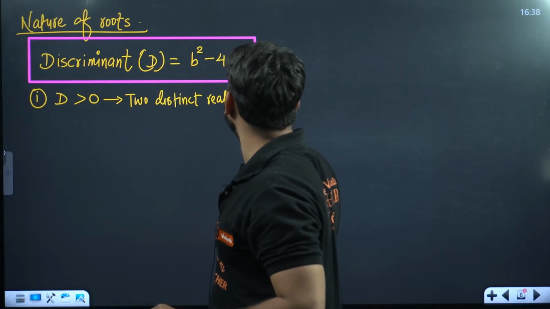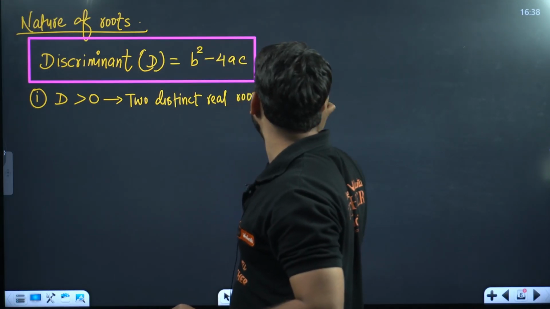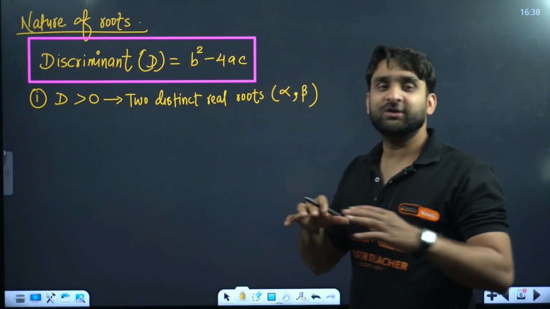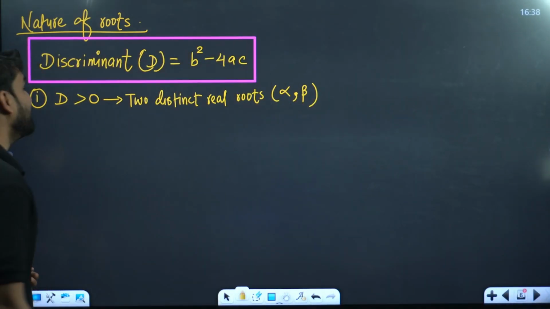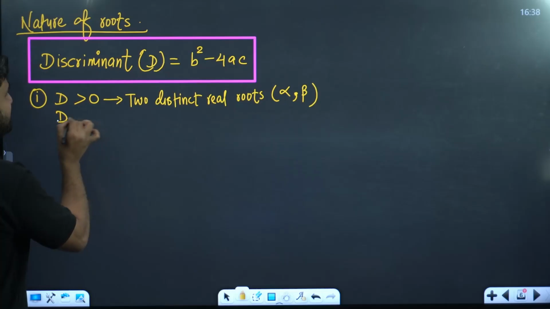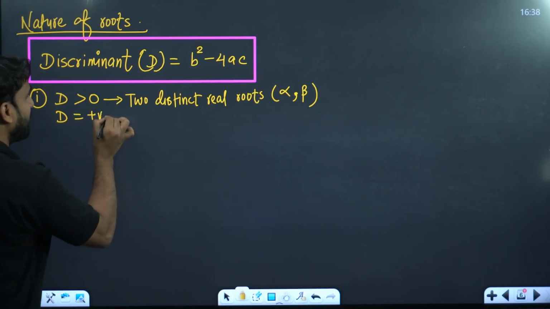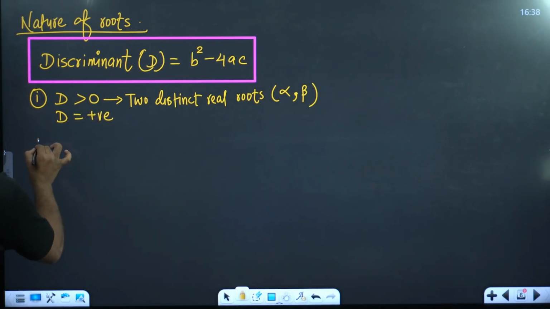Means both the roots will be different from each other, alpha and beta. Two distinct real roots will be there if D is greater than 0, meaning D is positive.